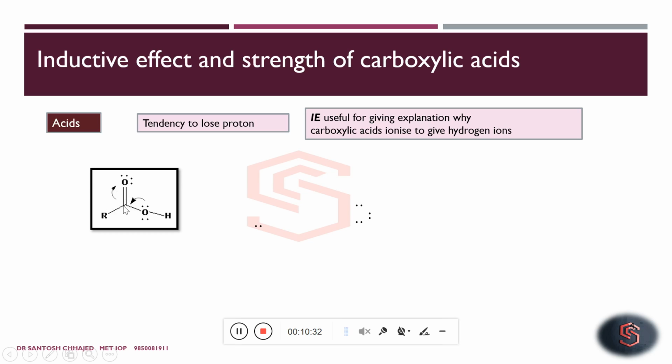Now as it is electron deficient, it is in need of electrons, and the lone pair of electrons on the oxygen coordinate its electrons so that a double bond will appear with the adjacent carbon. So one bond is broken down, and migration of electrons is indicated by an arrow.